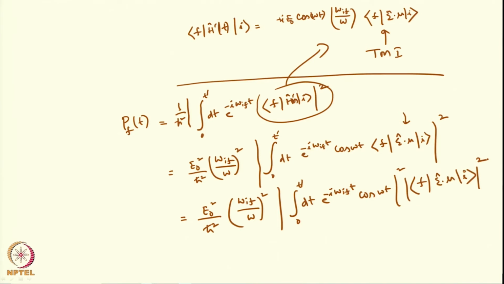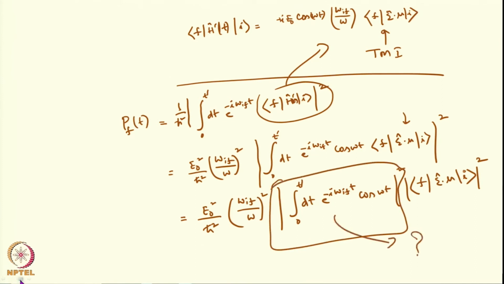Okay. So we will know how to evaluate this integral if you know the epsilon dot mu operator and if you know the states f and i. And these are just the prefactors. So now it comes to evaluating this integral, which we do not know yet.